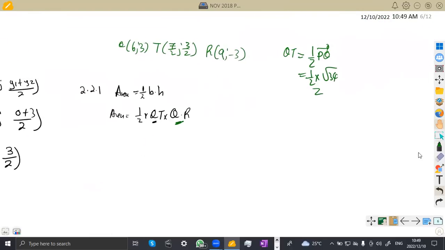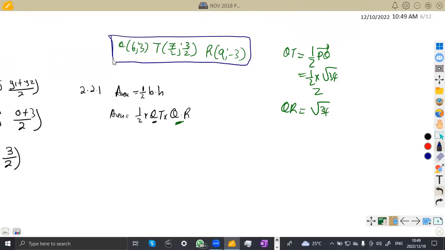Anyways, for exam sake, we have learned something also: if this information was not there, we were going to work with the points to calculate the length from these points that we have, QT and also QR. You calculate the length from there. But here, it's an advantage because of the information that was given.